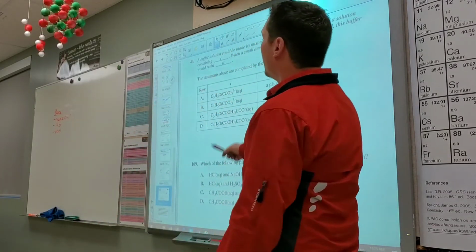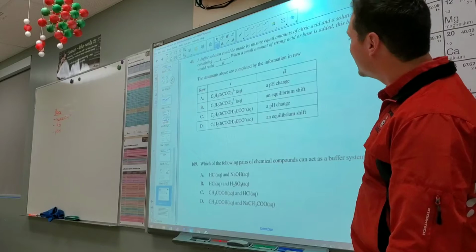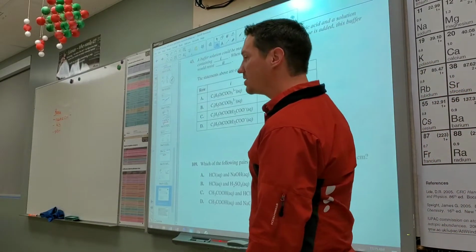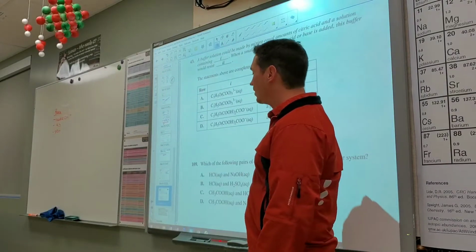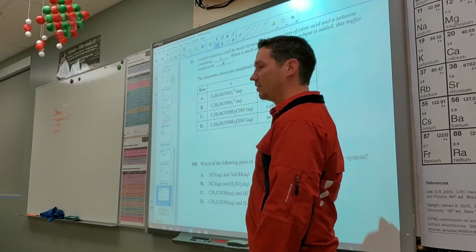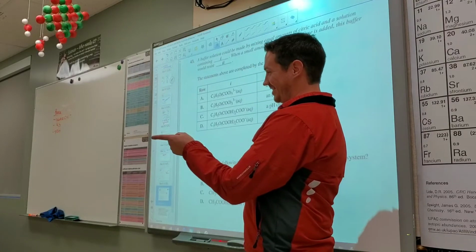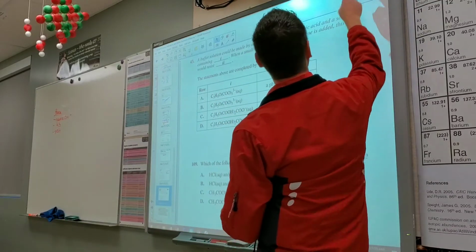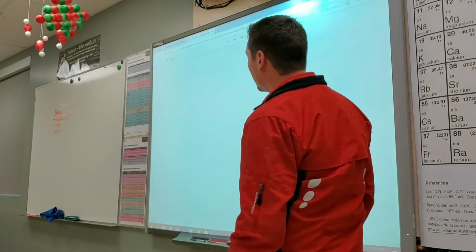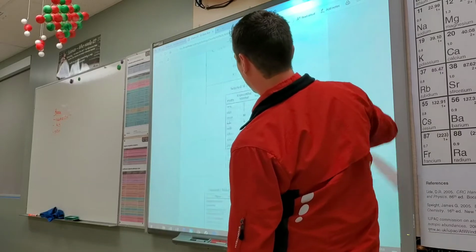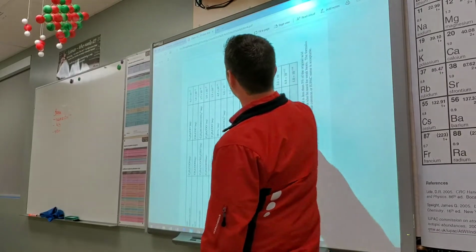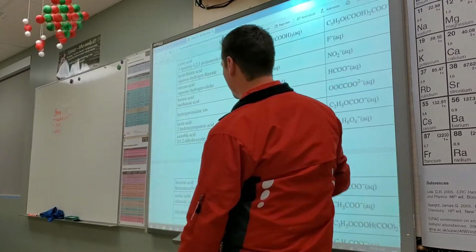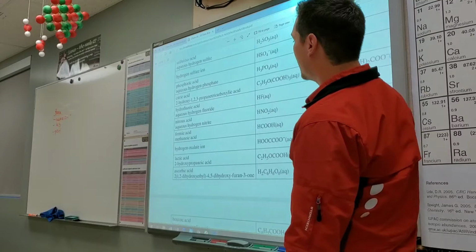Okay, next question. A buffer solution could be made by mixing equal concentrations of citric acid and what? Its conjugate base. Which one is the conjugate base of citric acid? It can't be A and B. Why?